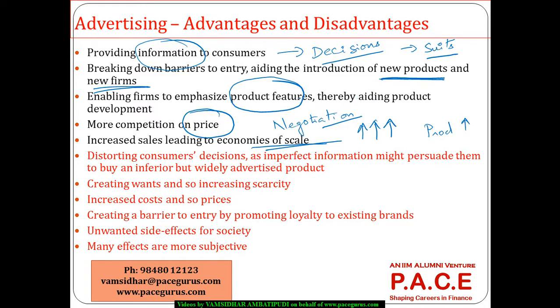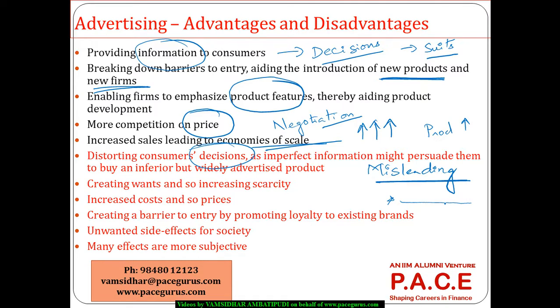So there are so many positives of advertising, but at the same time, probably misleading information also could come out. The items that are present in red, I'm looking at the negative side effects that can come out of this advertising. The decision of the customer gets completely distorted because in some advertisements you could see wrong information, imperfect information could be communicated with a small asterisk in very small font being written at the bottom of the ad.